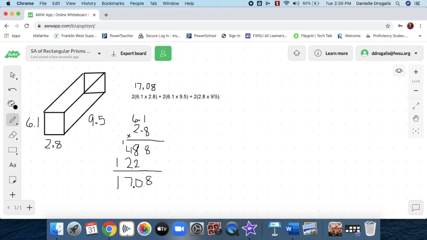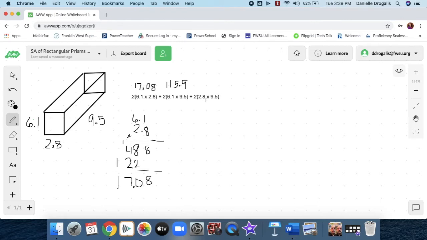So 6.1 times 9.5, we're going to double that. We should get 115.9. I'm just going to double check that I typed everything correctly into the calculator.